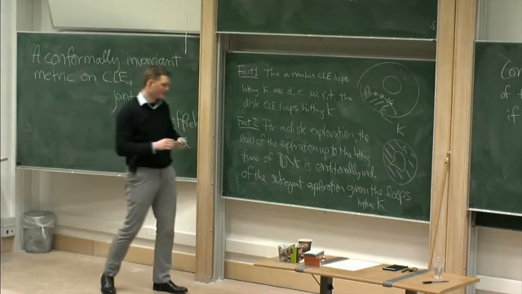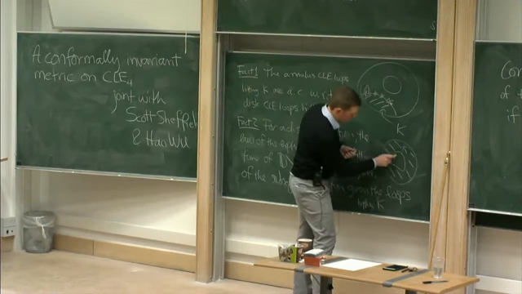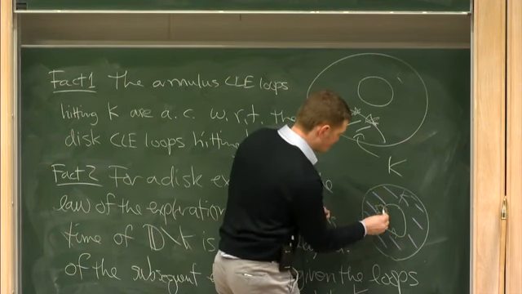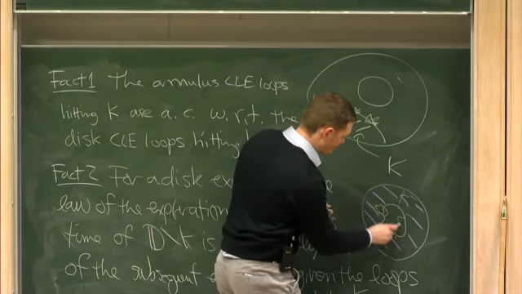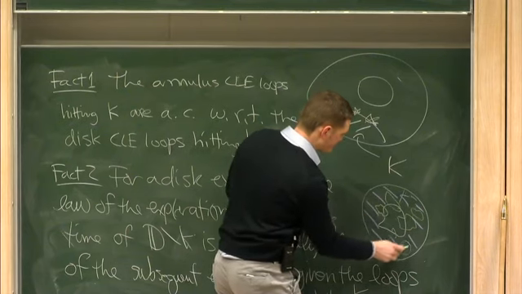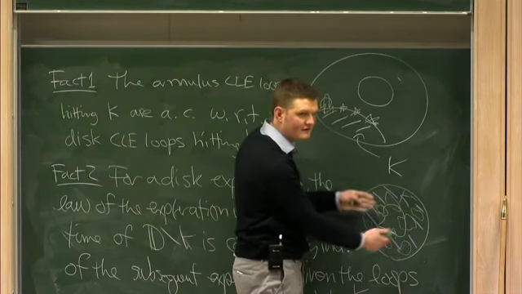Right, all the loops hitting K. Keep alternating between CLE loops and so you get to see all these loops that hit K.